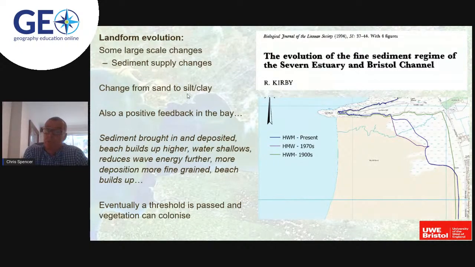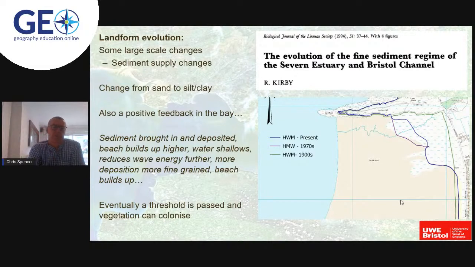What there was lots of was silts and clays, the muddy sediments. And this piece of research here showed how the proportion of the more muddy sediments had gradually increased through time. So that's part of the story, that there's an abundance of mud within the estuary, but not much sand to build the beaches and the dunes, keep feeding them.